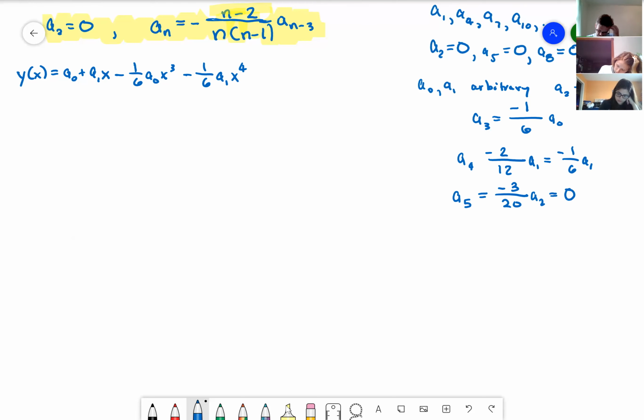I could have just skipped that one, right? a6, I'll get it next time. Negative 4 over 6 times 5, we'll go ahead and write it as 30, times a3. So this is negative 2/15 times negative 1/6 a0. And so that gives me 1/45 a0.